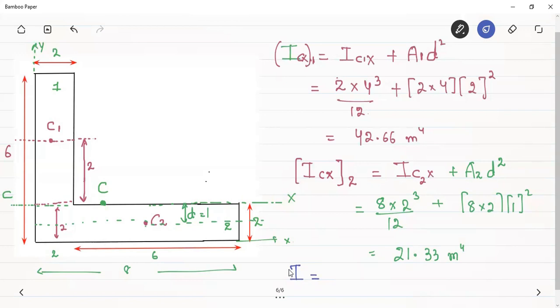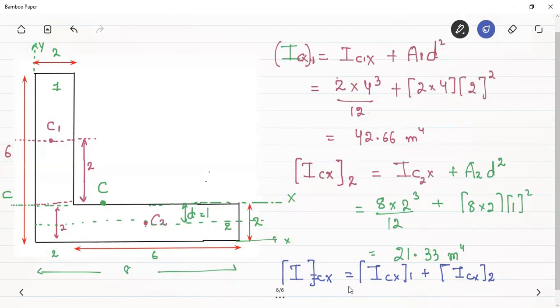Okay, about which axis? About the centroidal x-axis. The complete moment of inertia about the centroidal x-axis will be given by the moment of inertia about the centroidal x-axis of the first rectangle plus the moment of inertia about the centroidal x-axis of the second rectangle. Here Cx denotes the centroidal x-axis of the complete figure.